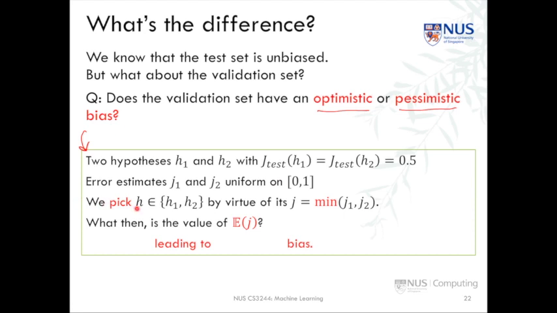Now we're going to pick which exact hypothesis to choose for our model, either H1 or H2, by virtue of its actual cost estimate. We're going to take whichever one does better, either J1 or J2. Now we have a question. What then is the expected value of J?